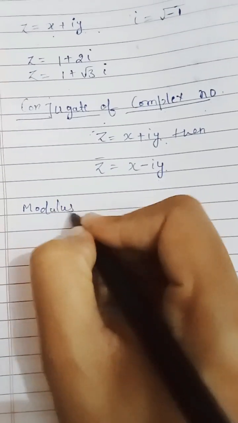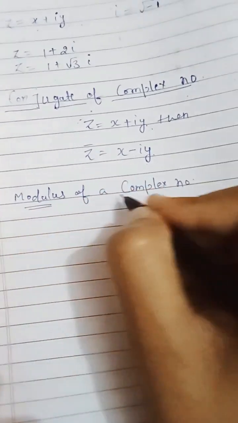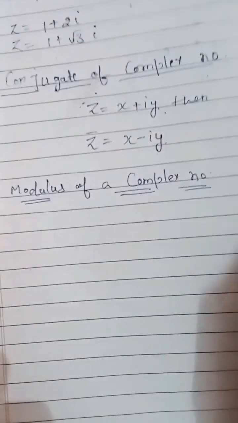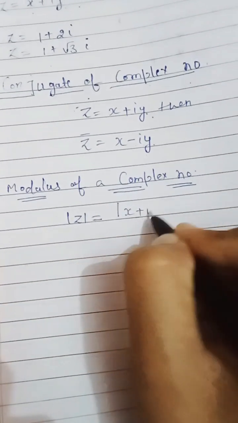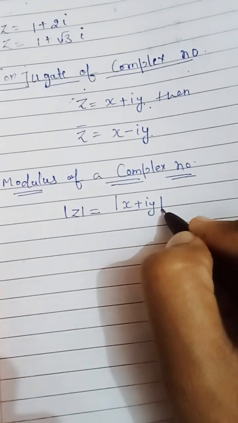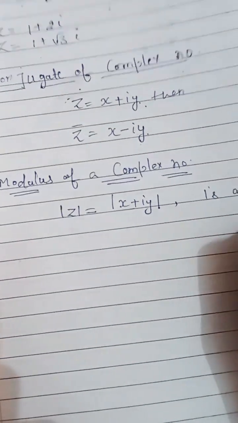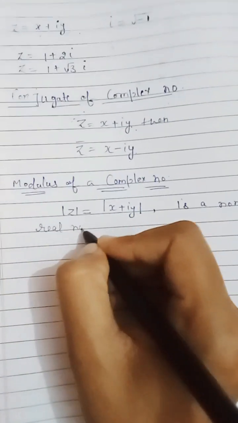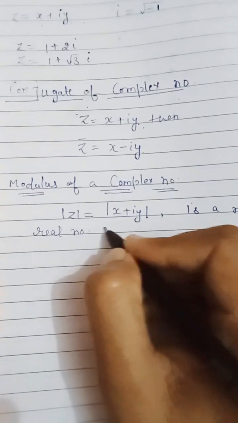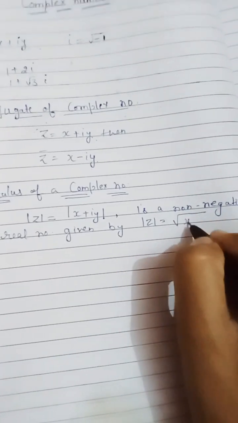The modulus of a complex number is denoted by mod z is equal to mod of x plus iota y, and it is defined as the non-negative real number given by mod z is equal to under root x square plus y square.